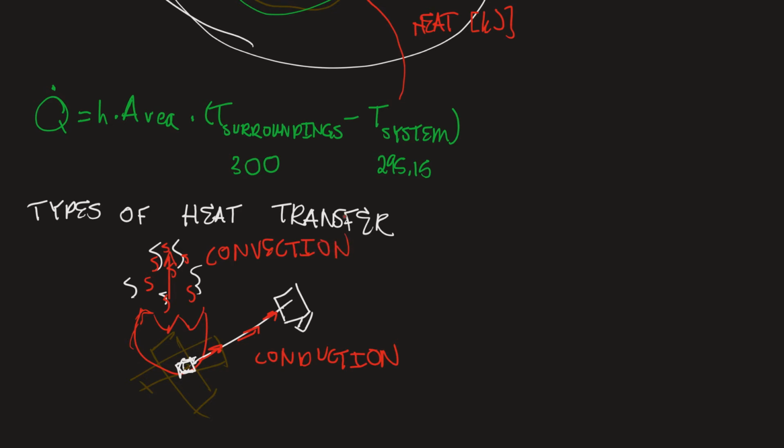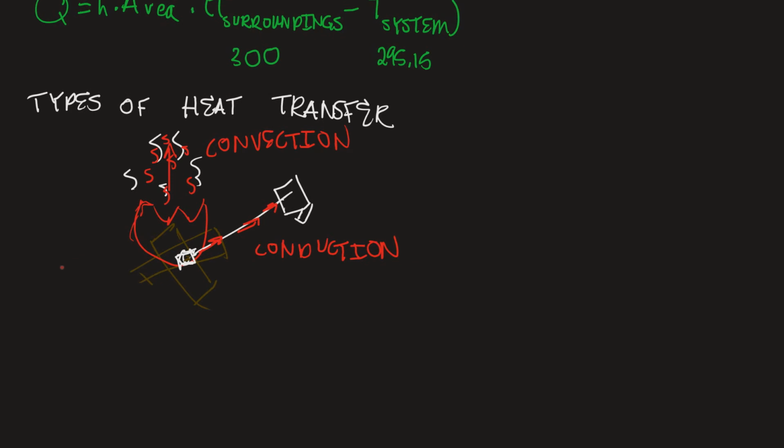And the last one that we're interested in is radiation. So this one's a little bit harder to grasp, but this fire is emitting electromagnetic waves in the form of visible light.